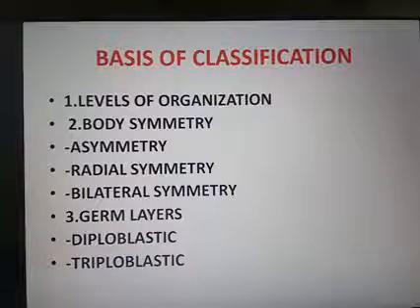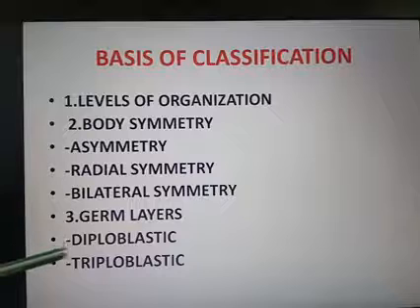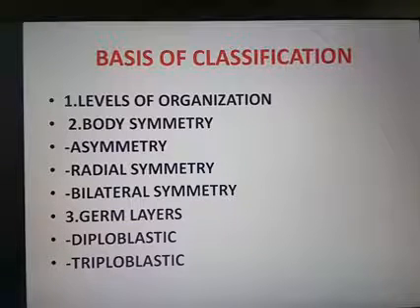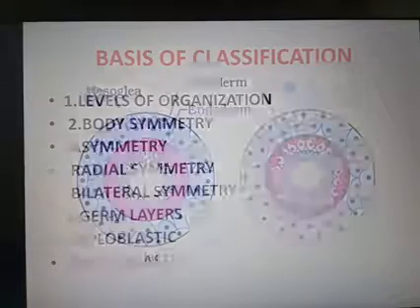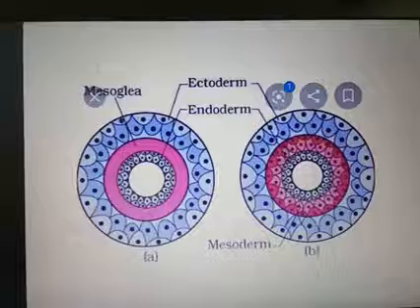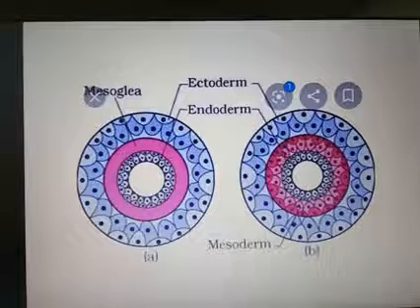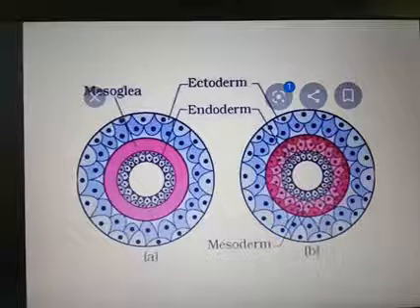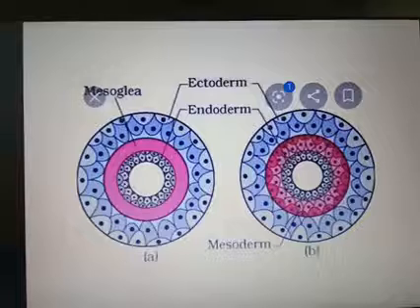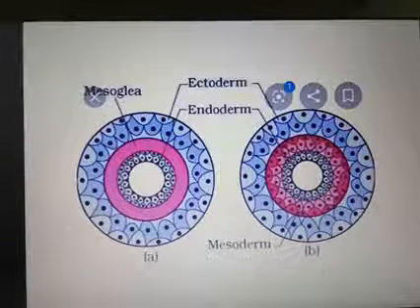On the basis of germ layers, the embryonic layers, the animals are classified into two types, diploblastic and triploblastic. Diplo, D-I, means two. Triplo, T-R-I, means three.